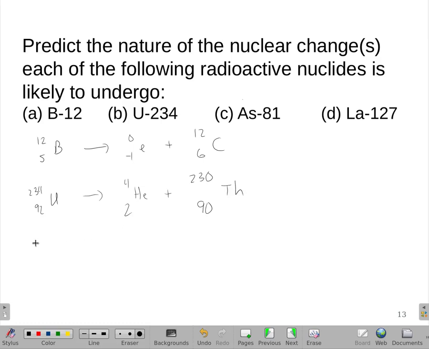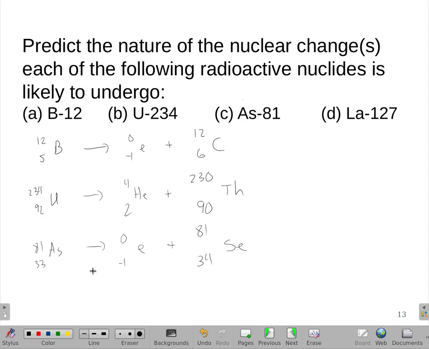Alright, arsenic 81. Let's see, arsenic has atomic number of 33. And it would like to have 74 for its mass, so this is neutron heavy, just like our boron was. 81, 34. This is going to turn into Se.